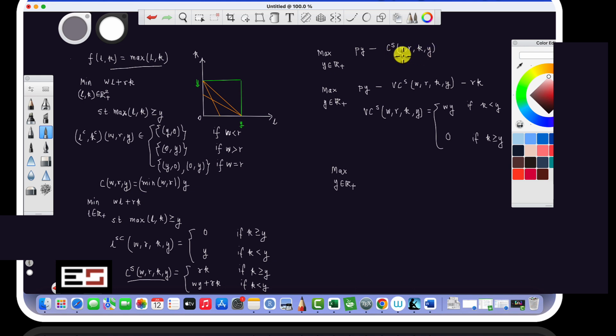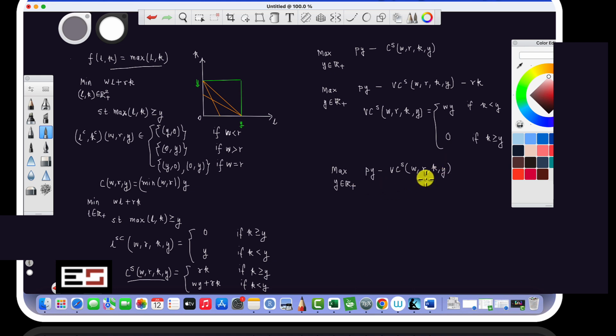Because your cost function depends on these, you can always keep them when writing your variable cost. It's completely okay. So maximize with respect to output py minus variable cost. This is all that you need to solve.